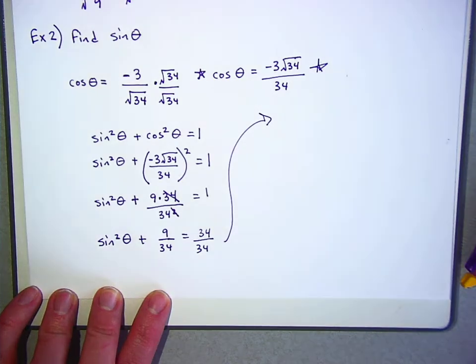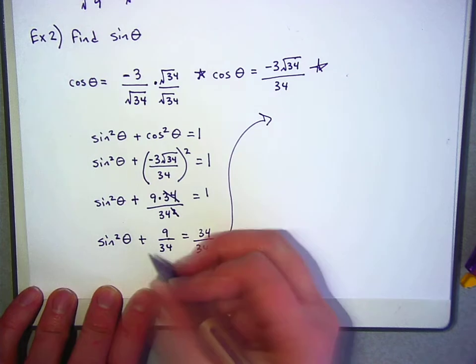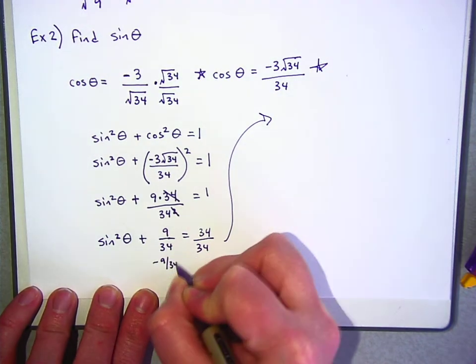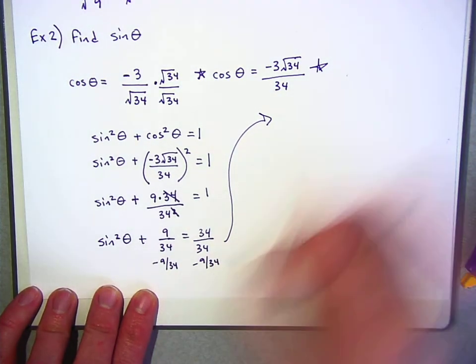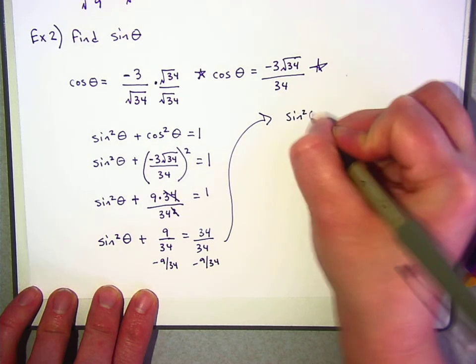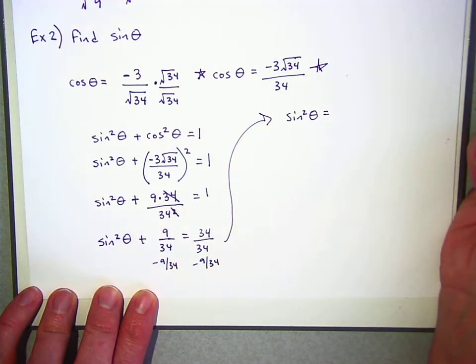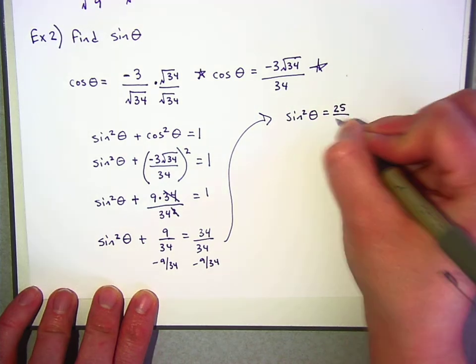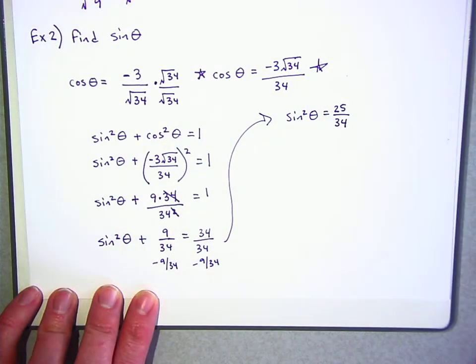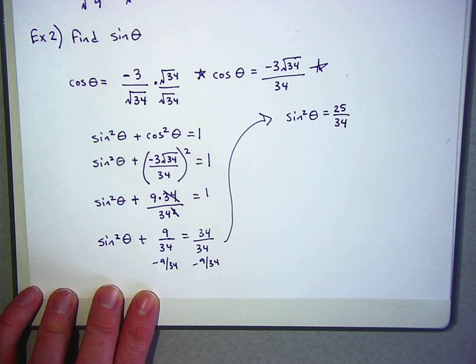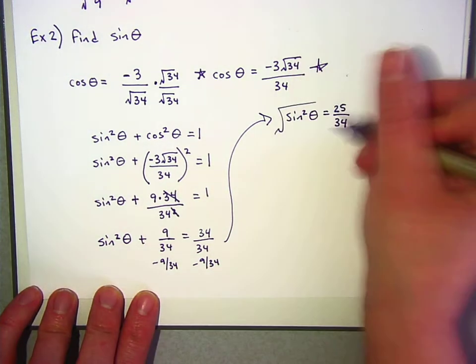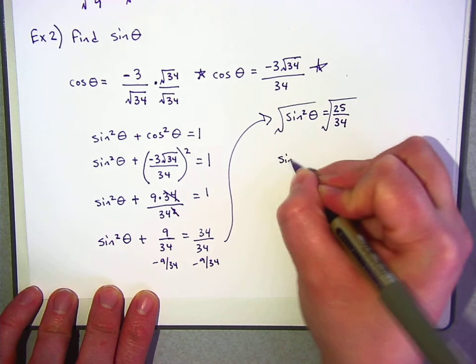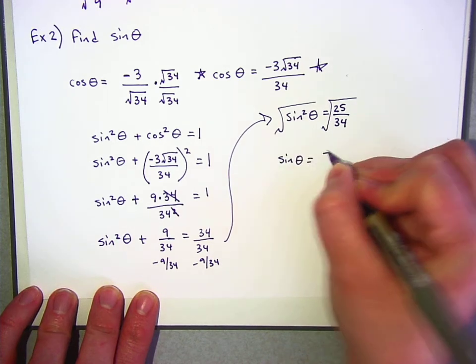Emma, keep going. Okay, so now I've got sine squared theta equals 25 over 34. And now what? Square root, square root. Sine of theta equals plus or minus.